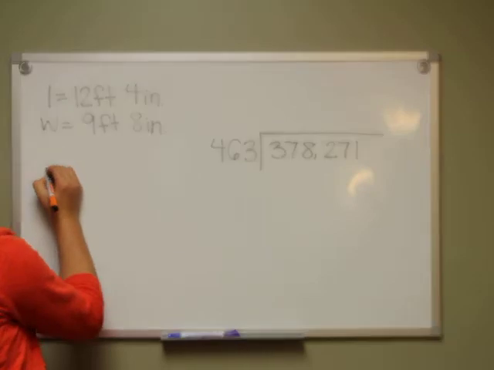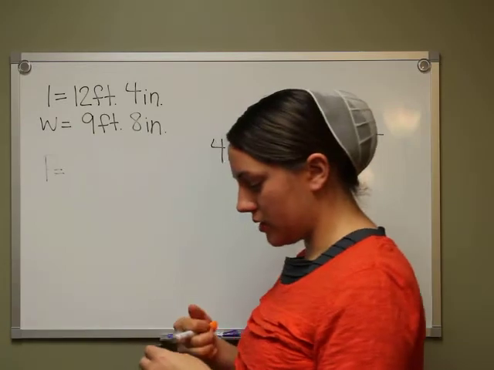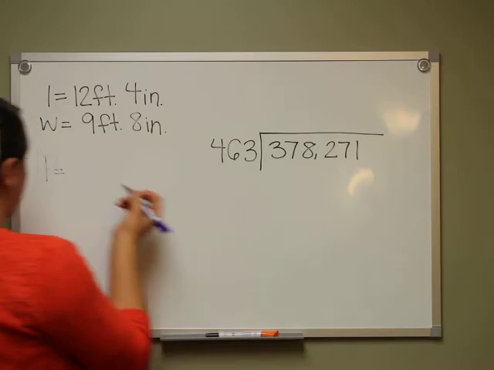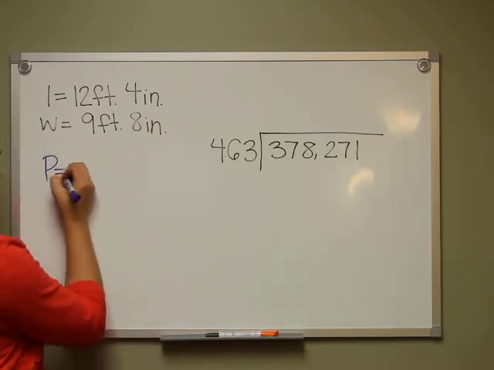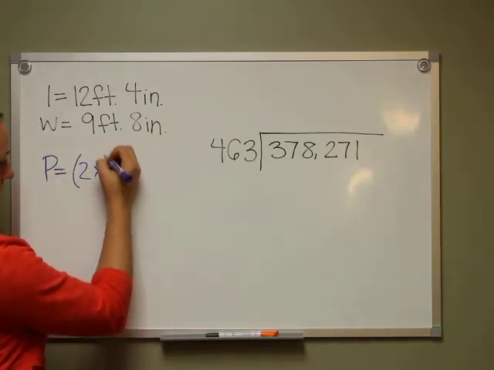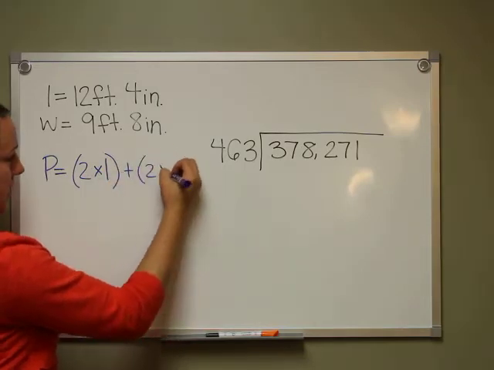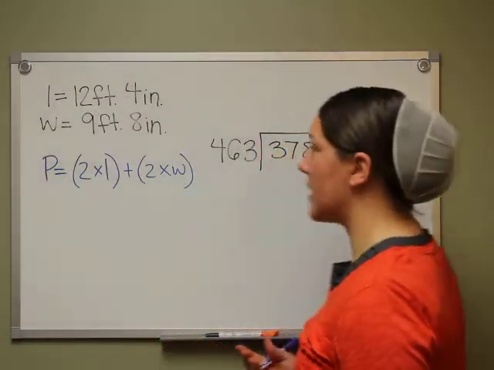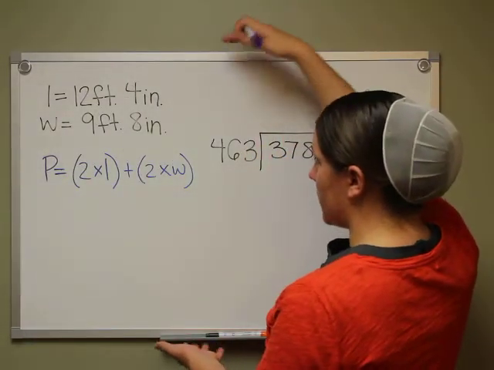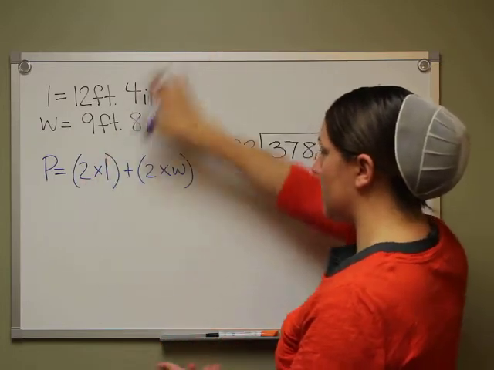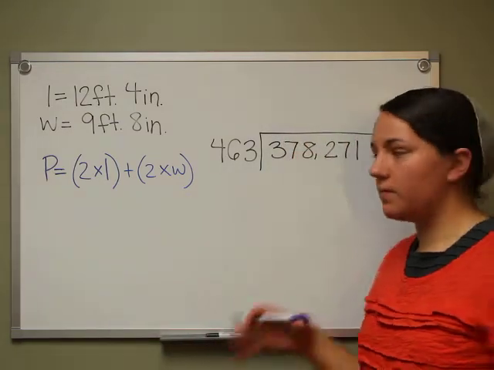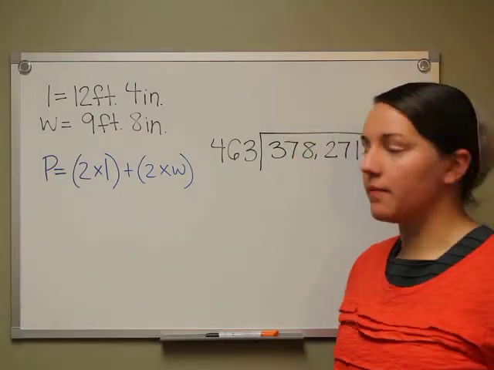Our formula is P equals 2 times L plus 2 times W. And remember, the reason for that is because in a rectangle, the two opposite sides are the same length, so 2 times the length and 2 times the width, because the other opposite sides are also the same width.